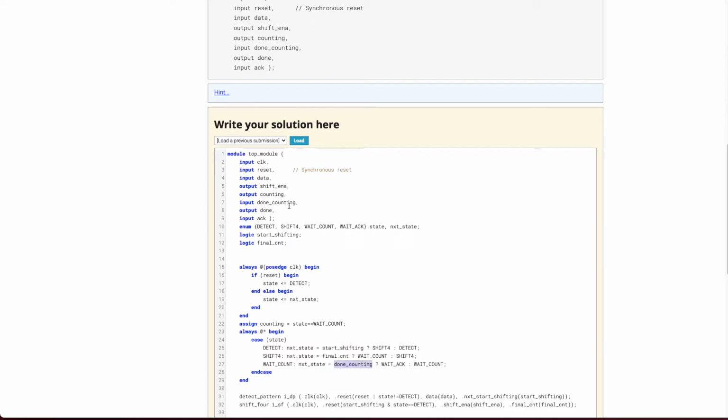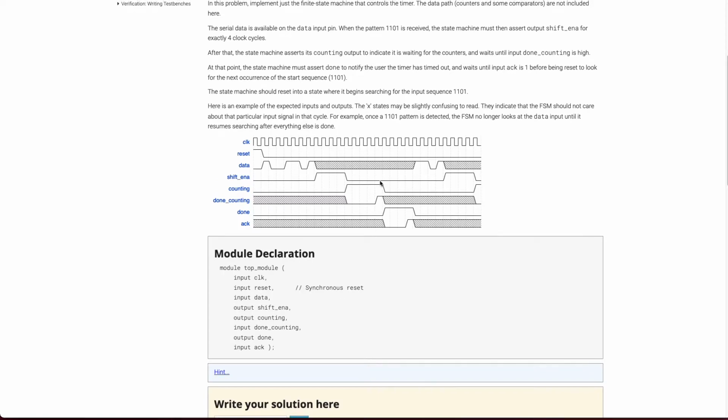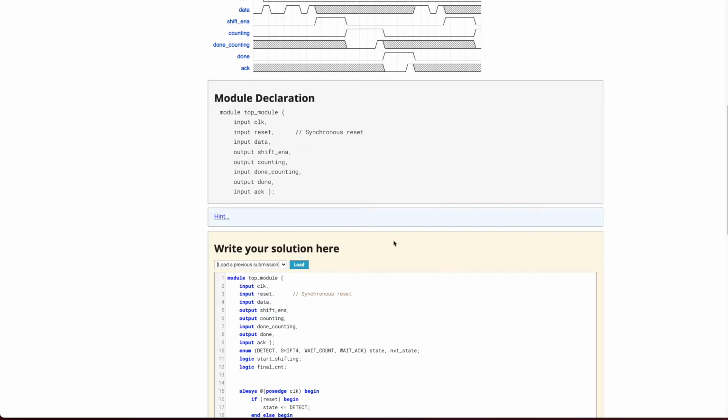So if I'm not done counting, just keep staying here, otherwise if I'm done counting, the very next cycle I get out of this, so then the next cycle, but not the same cycle, is done counting, so we can have the handshake, like here. Then we'll go into the next stage.